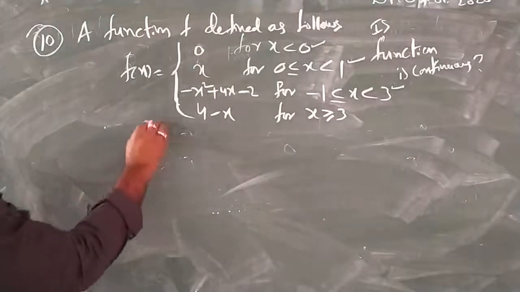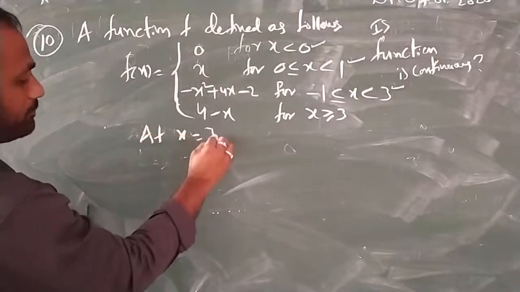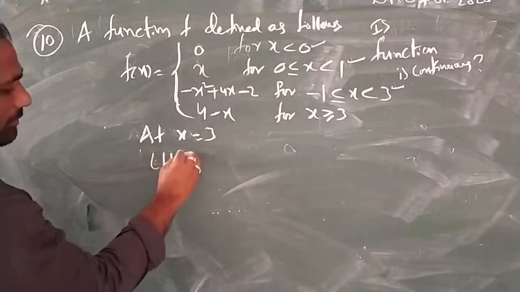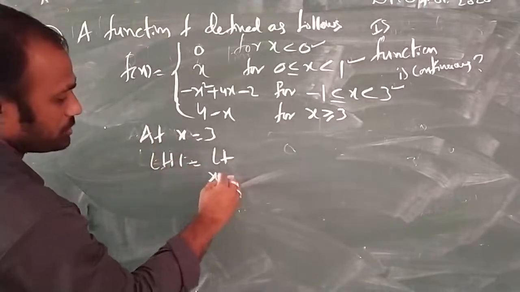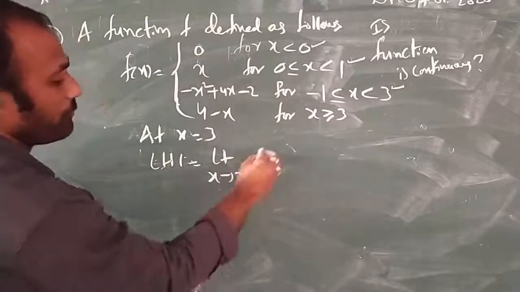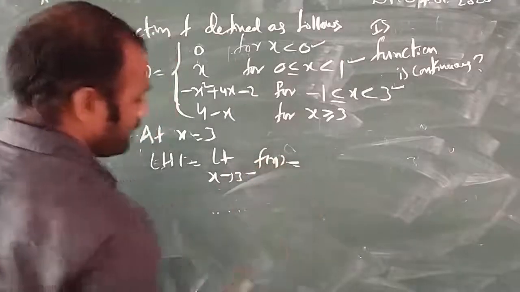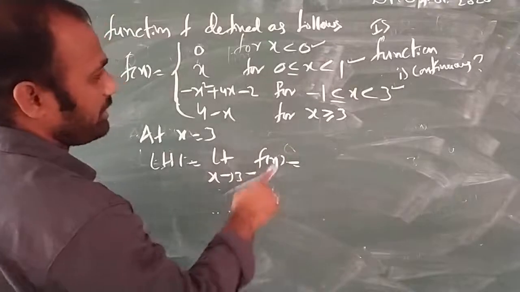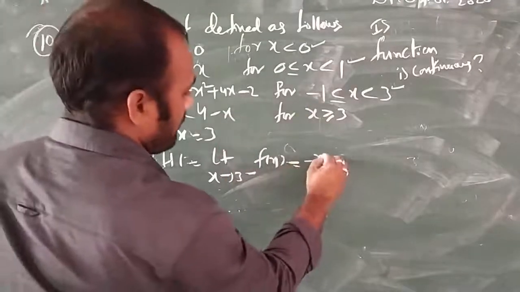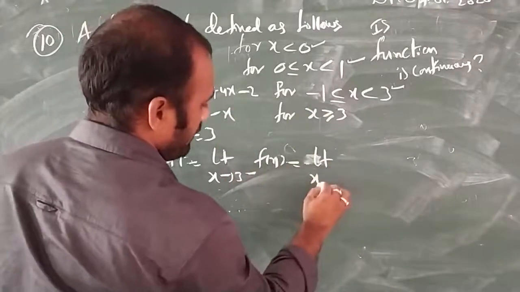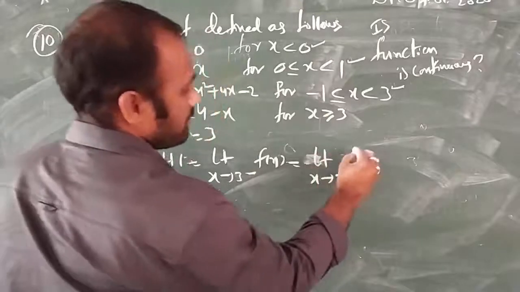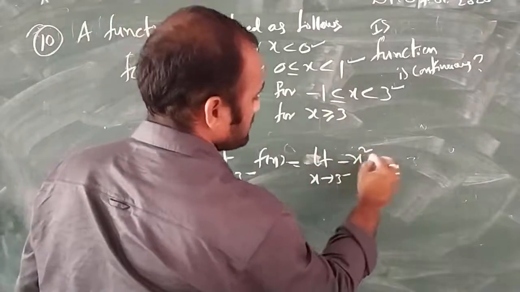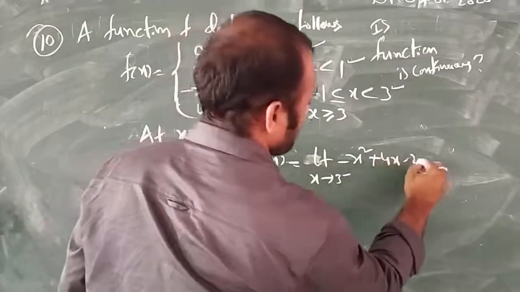Next, another point: at x equal to 3, we need to check now. Left hand limit first, limit x tends to 3 minus f of x. For values less than 3, it is minus x square plus 4x minus 2.